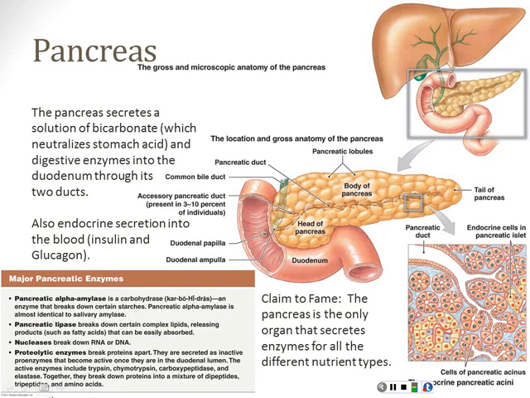So some example enzymes: an amylase, so pancreatic alpha amylase. An amylase destroys carbohydrates. So it takes big carbohydrates like starches and breaks them down into their component parts, which are simple sugars. A lipase, pancreatic lipase, breaks down lipids.